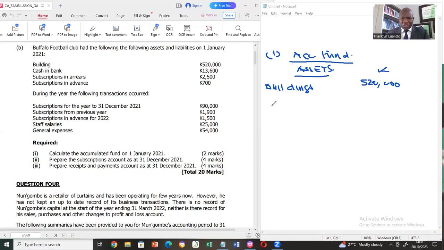Then we have cash at bank, that is 13,600. Then you have subs in arrears. It's an asset, 2,500. Total 536,100.